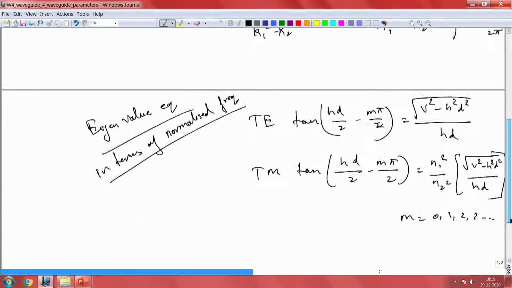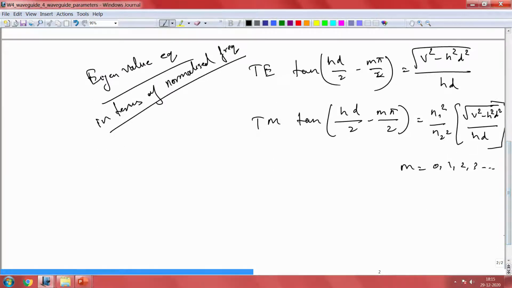So, these are the eigenvalue equations that you could get, and you can solve for this. You can allow values of hd here, and this would give you the value of the waveguide parameter V for both TE and TM.